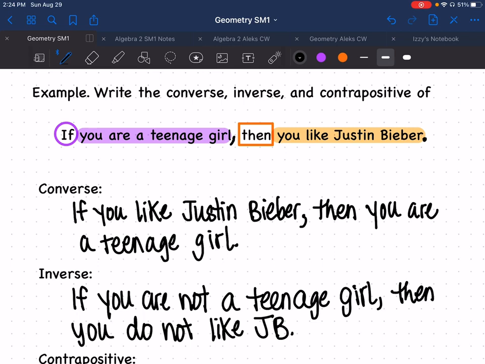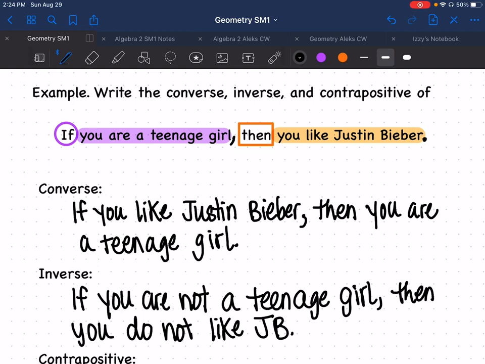I'm going to get tired of writing his name. Okay? Right? Notice I added a little bit extra for the not in the hypothesis, because if you put then you not like Justin Bieber, although technically, yes, that is correct for the negation purposes.